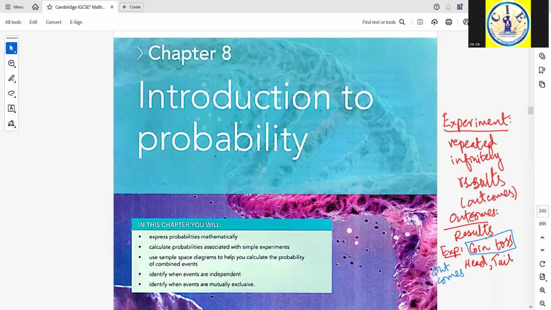And now we define another definition, sample space. It is a set that contains all the possible outcomes of an experiment.